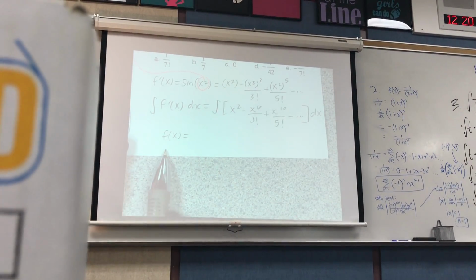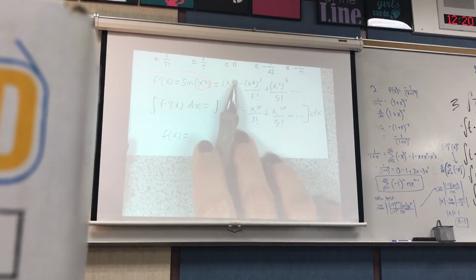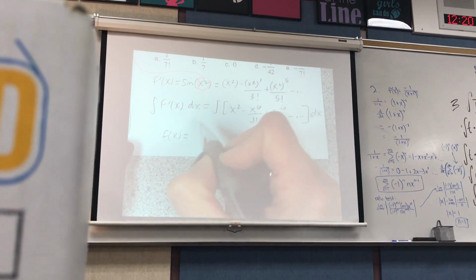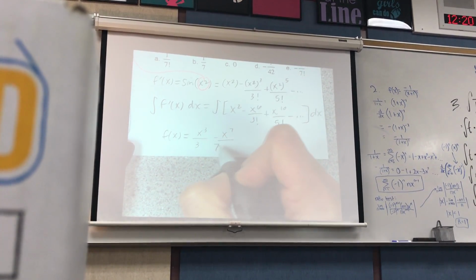Okay, so the integral is f, and I just simplified. Did I get these right? So now we're going to integrate these. 2, 6, 10.